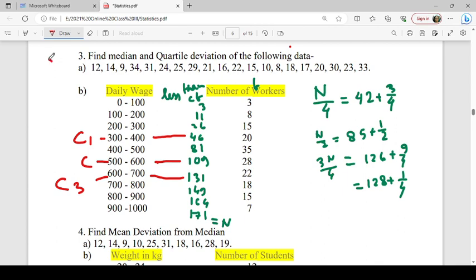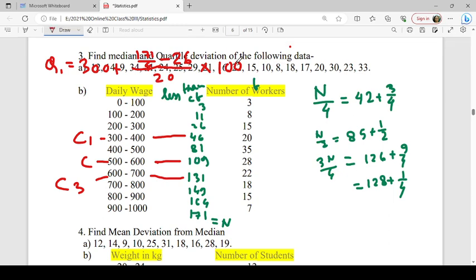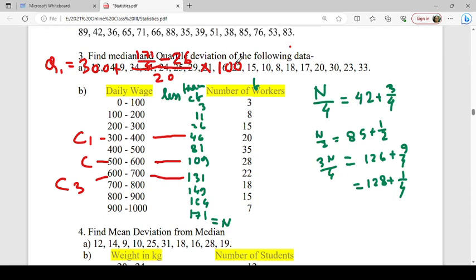So Q1 is equal to L1, the lower limit, which is 300, plus 171 by 4 minus cumulative frequency 26, F1, divided by small f, the frequency of C1, which is 20, into the length of C1, which is 100. So this is our lower quartile, Q1.